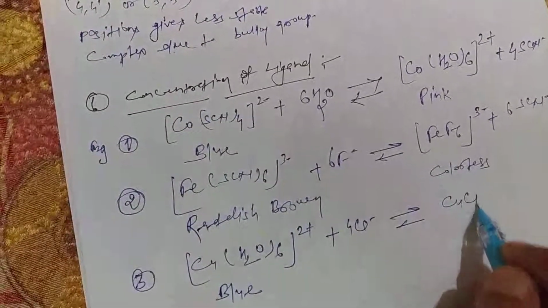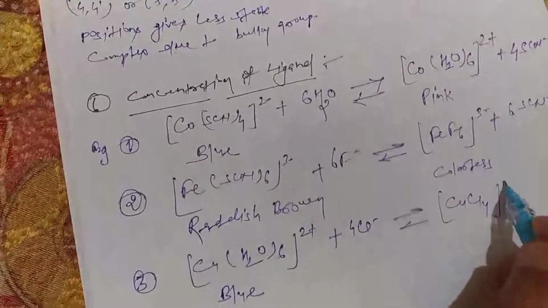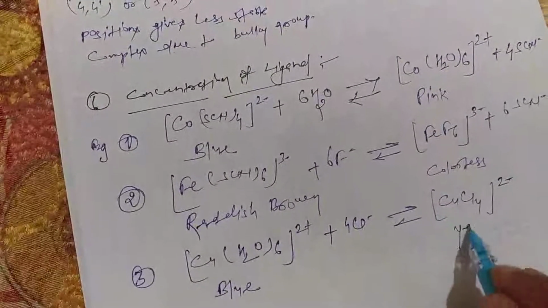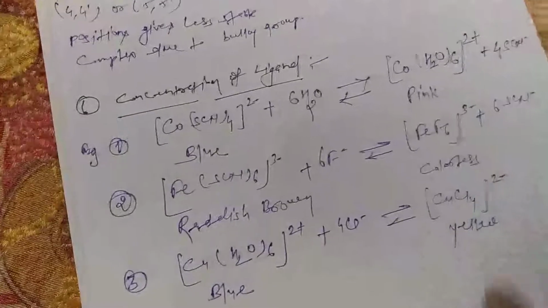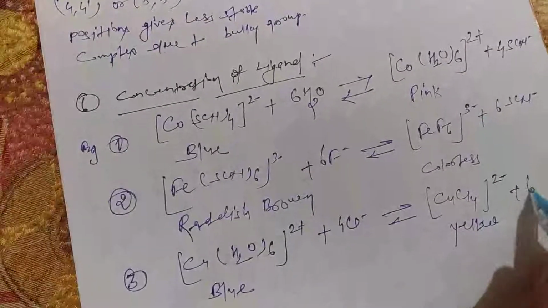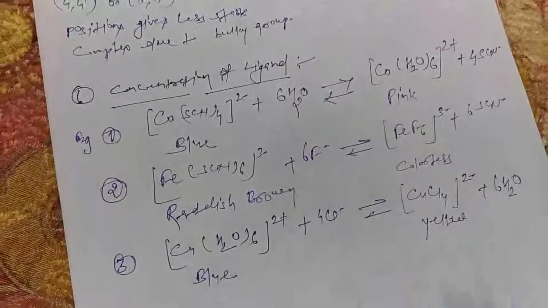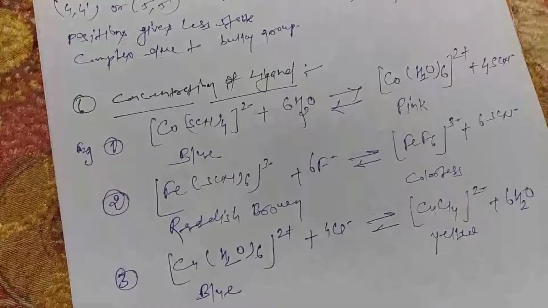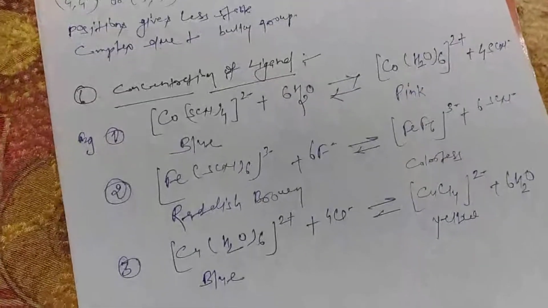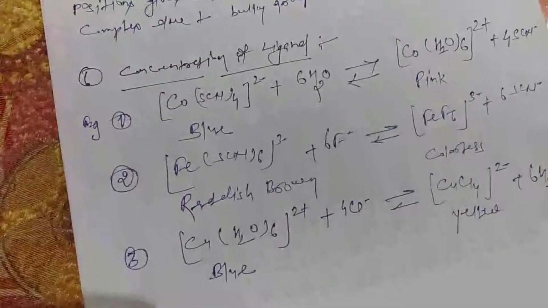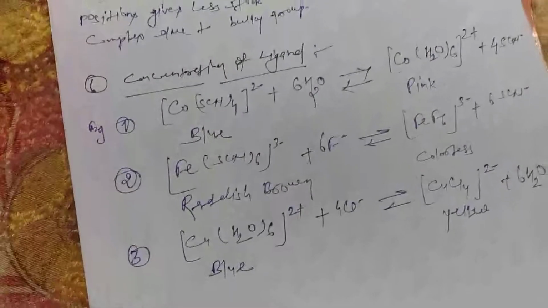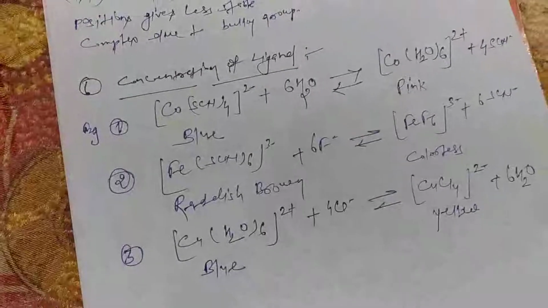Here the color is yellow. So this is how substitution of ligand occurs as the concentration is changing. So these are some factors in the second category of factors affecting stability of metal complexes.